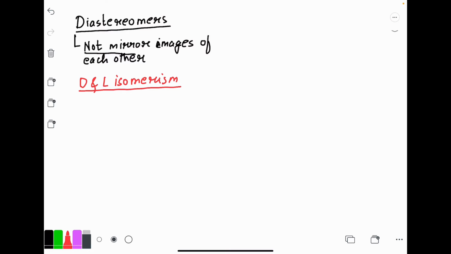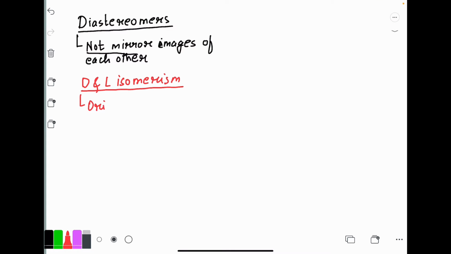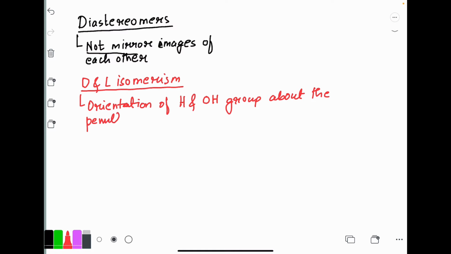This D and L only refers to the orientation of the H and OH group around the parent carbohydrate glyceraldehyde, and in reference to that we use it here, like the orientation of the H and OH group about the penultimate carbon atom.